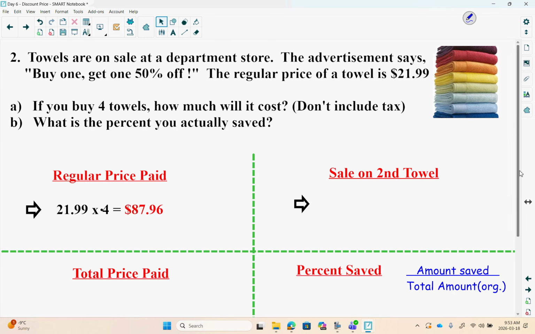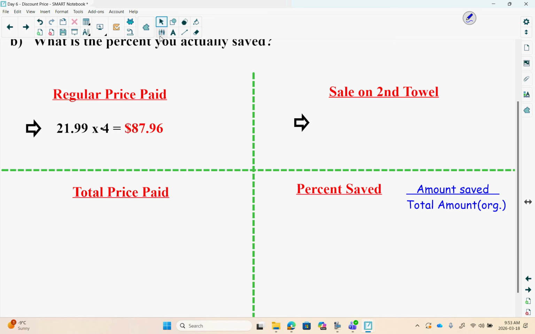But we're actually going to get a situation like this. We're going to pay $21.99 for the first towel. What would I pay for the second towel, if it's 50% off? $21.99, so that's 22, roughly.